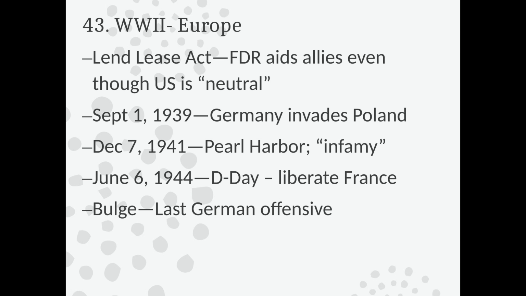Some highlights that you need to know as far as dates and battles in Europe would include, of course, the start of the war when Germany invades Poland on September 1st, 1939. The event that brings the United States into the war, December 7th, 1941, Pearl Harbor. Of course, Franklin Roosevelt's Day That Would Live in Infamy speech. And then, of course, June 6, 1944, D-Day invasion.